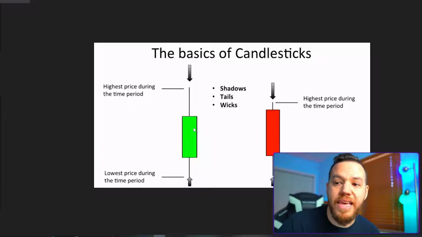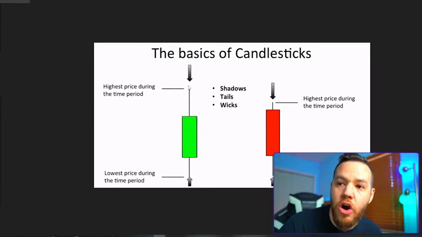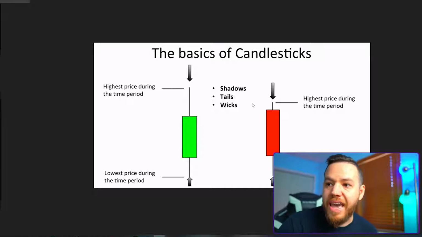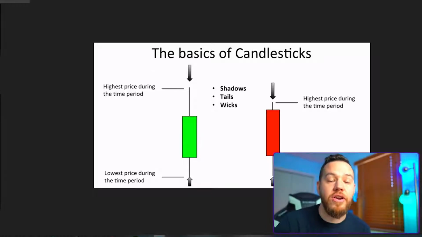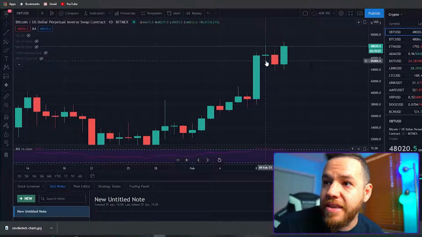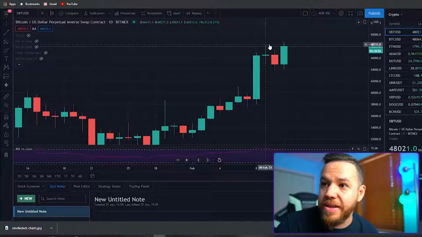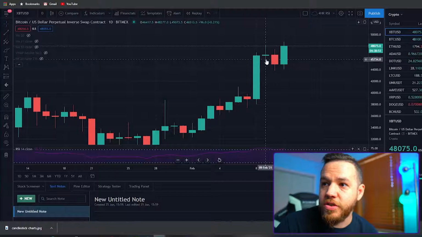Regardless whether it's a bullish candle or a bearish candle, regardless of how long or small the wicks are, it always represents the highest price and the lowest price during the time period of the candle. So looking back here, you can now tell that these lines or wicks are representing what the highest price during this entire day was and what the lowest price during this day was.